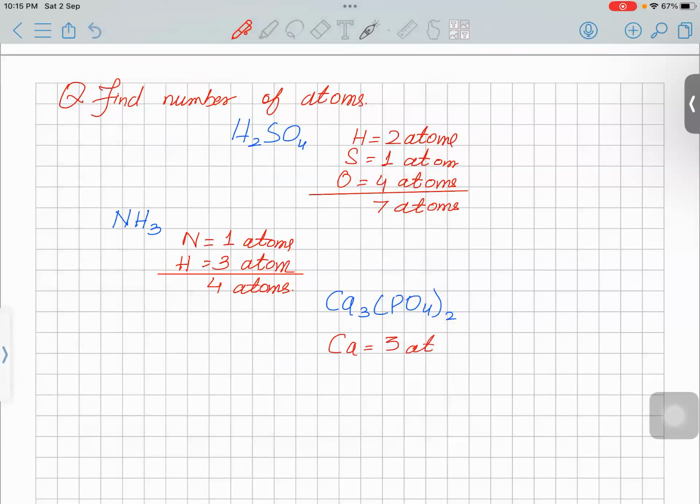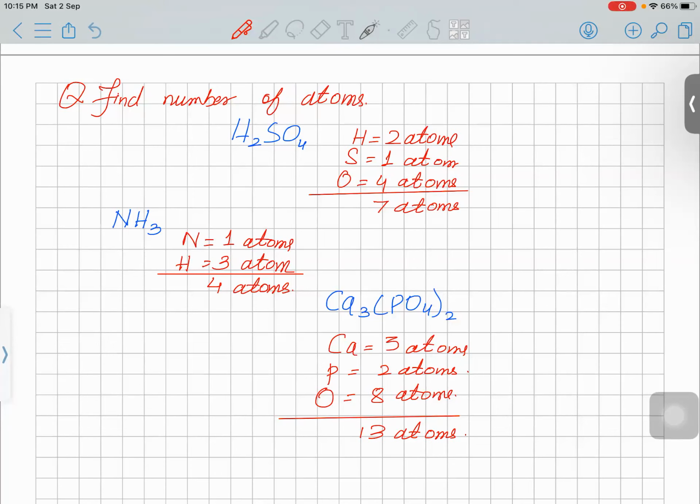Calcium has 3 atoms. Phosphorus has 2 atoms. And oxygen has 8 atoms. So total 13 atoms.